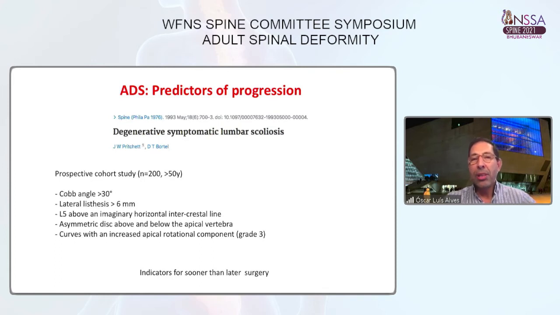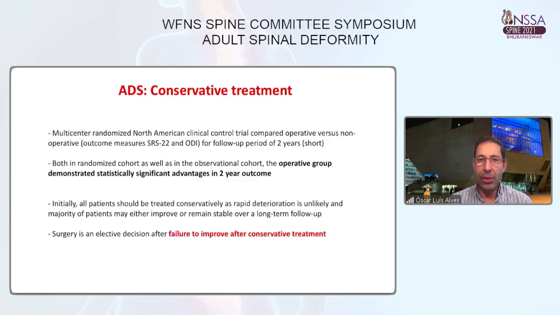What are the predictors of progression? In a cohort study with 200 patients older than 50 years old: Cobb angle higher than 30, lateral listhesis higher than 6 millimeters, L5 above the intercrestal line, asymmetric disc above and below the apical vertebra, and curves with an increased apical rotation component. These might be indicators for sooner rather than later surgery. What about conservative treatment?